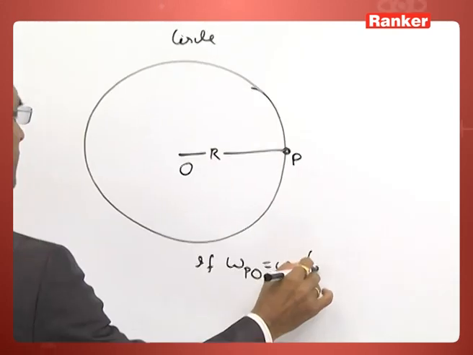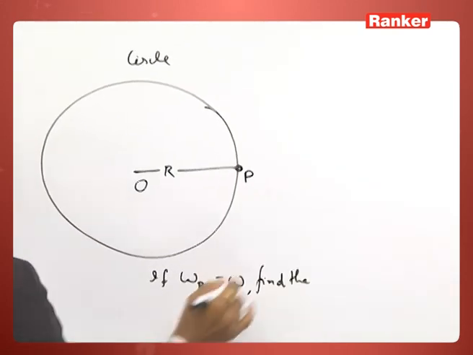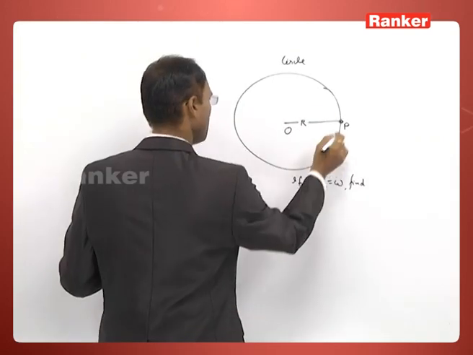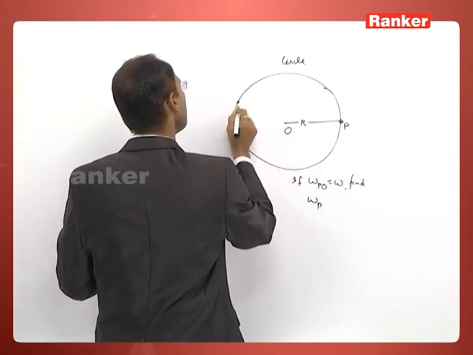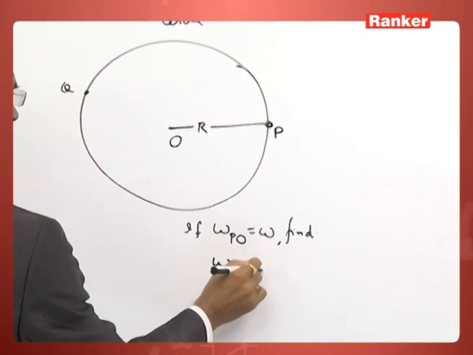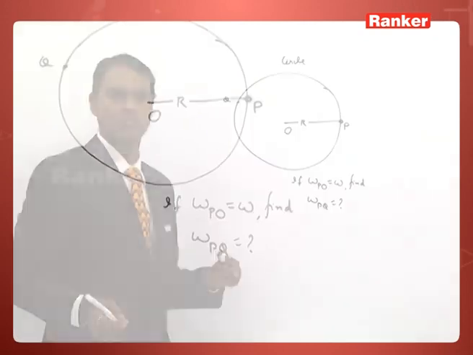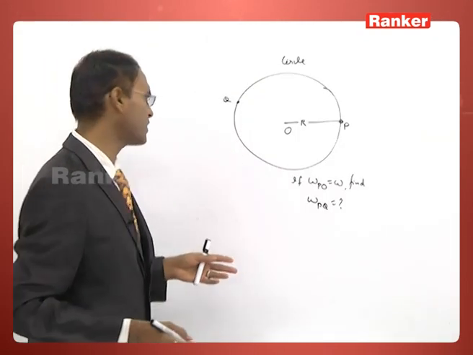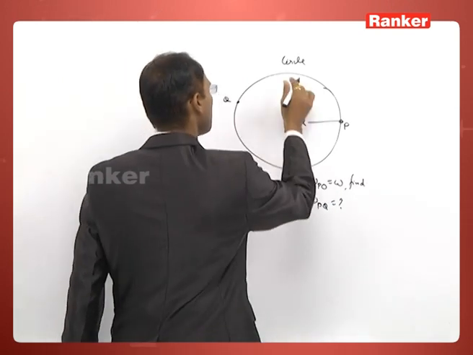Then find the angular velocity of the point P with respect to any peripheral point, let it be Q. That's a conceptual question to brush up the idea of relative angular velocity. This is a circle, not a disk.